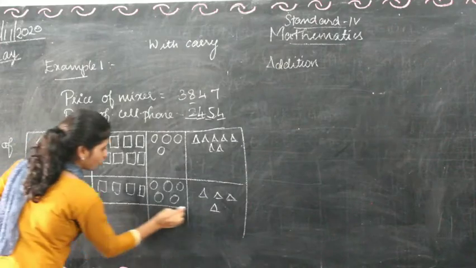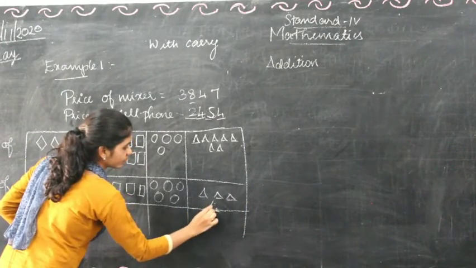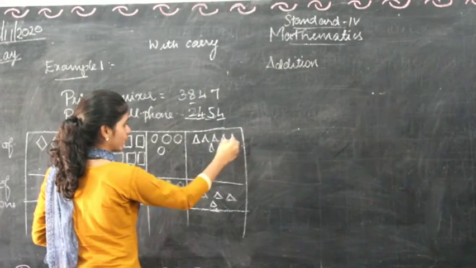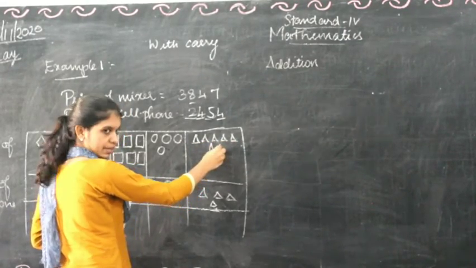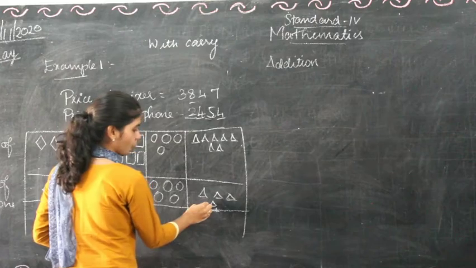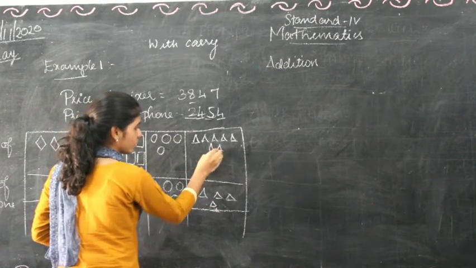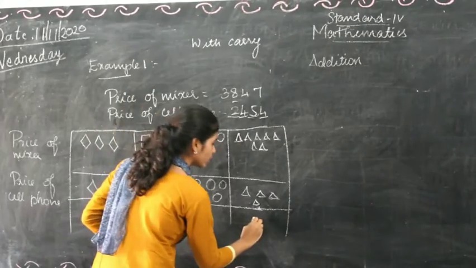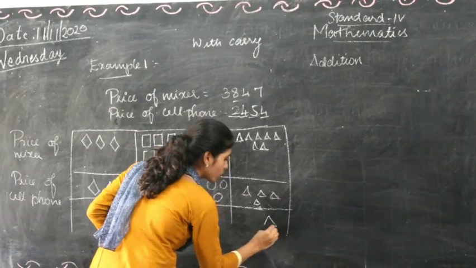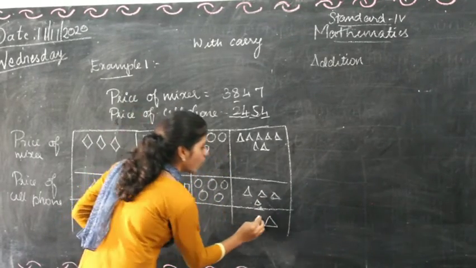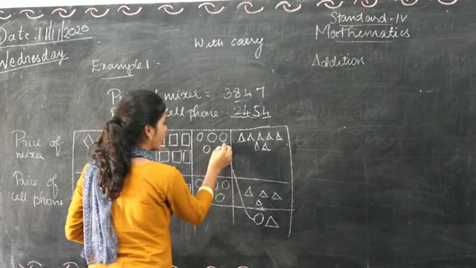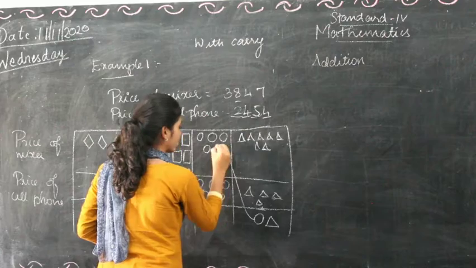Now we are going to add them. We have 1, 2, 3, 4, 5, 6 and 7, 7 units here and 4 units there. 7 plus 8, 9, 10, 11. So we'll get unit 1 and then 1 tens here. It will go here and it will get added.